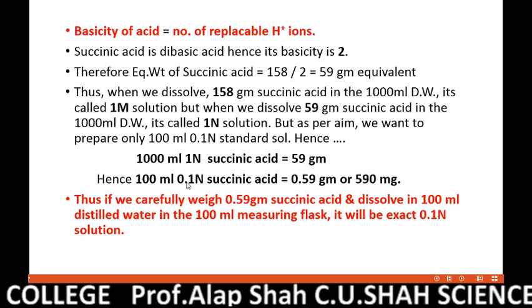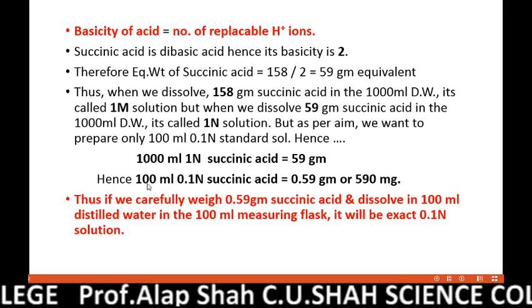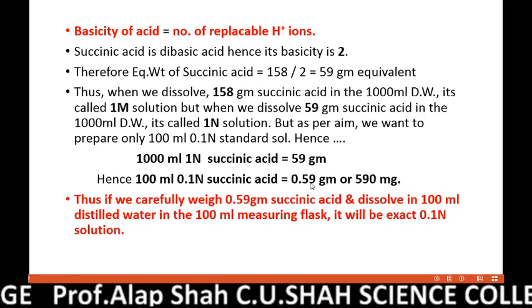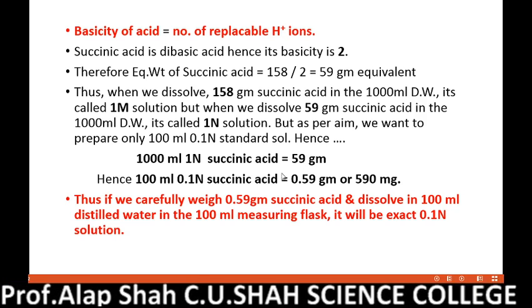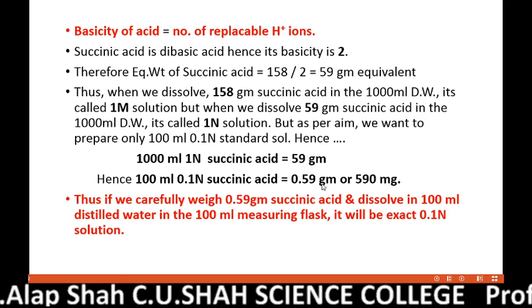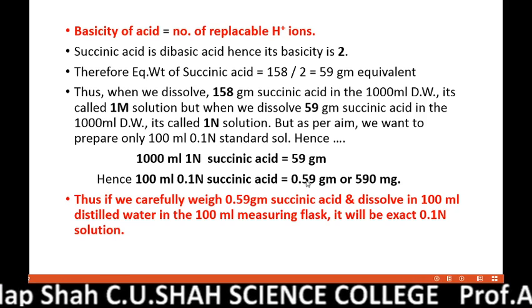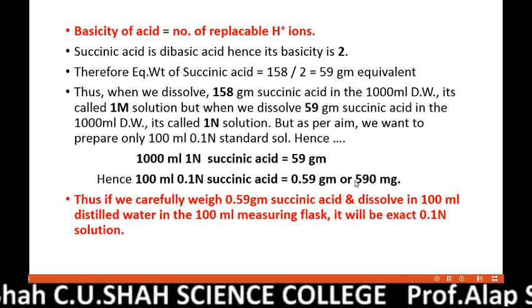So 100 ml of 0.1 normal requires, it is simple mathematics, 100 multiplied by 0.1 multiplied by 59 upon 1000, that is 0.59 gram. 1 gram is equal to 1000 milligrams. So if you multiply this with 1000, this is the milligram.